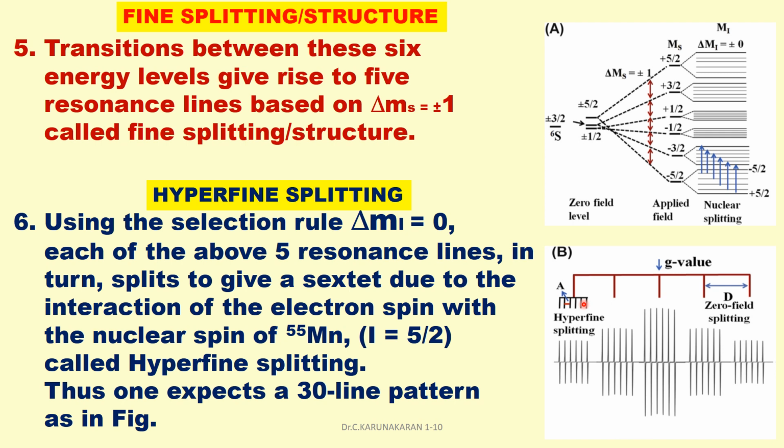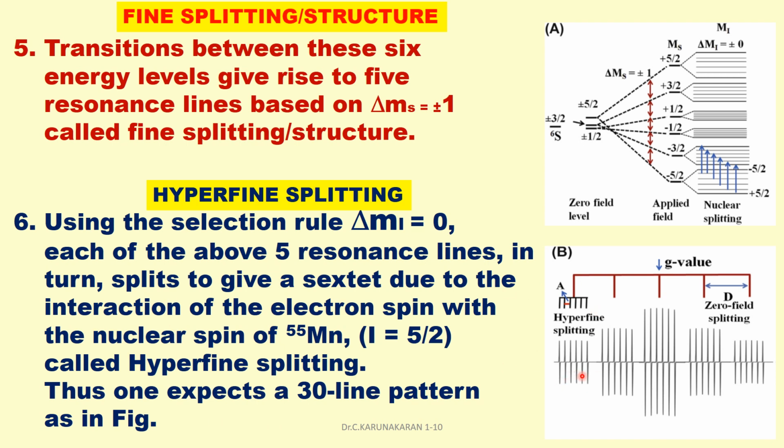Each one of the 5 resonance lines further splits into 1, 2, 3, 4, 5, 6, a sextet, due to the interaction of electron spin coupling with the nuclear spin of Mn55, I equal to 5 by 2, called hyperfine splitting.